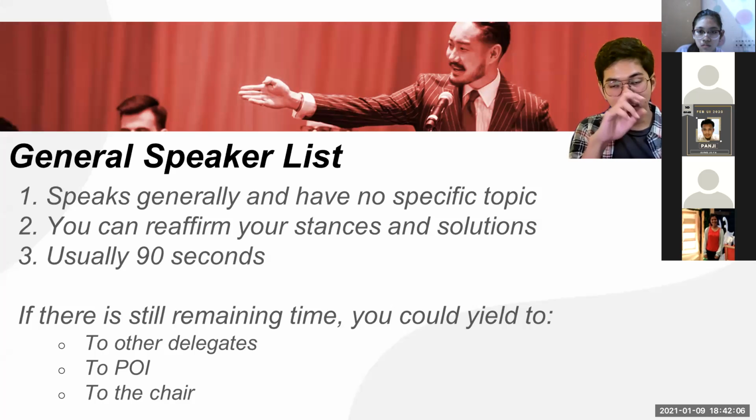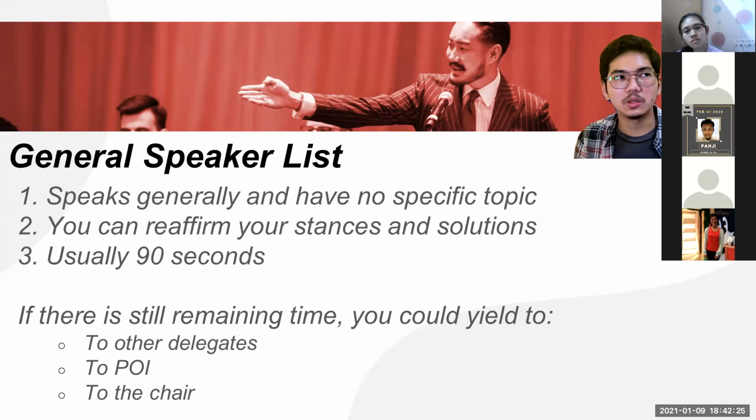Okay, thank you so much, Cindy. That's a great question. So when you are, for example, in the second general speakers list, in the middle of the meeting, there has been 2 hours of meeting already, and you already talk about discrimination based on color, for example. But your country doesn't think this particular issue is relevant. What should you do as that country?